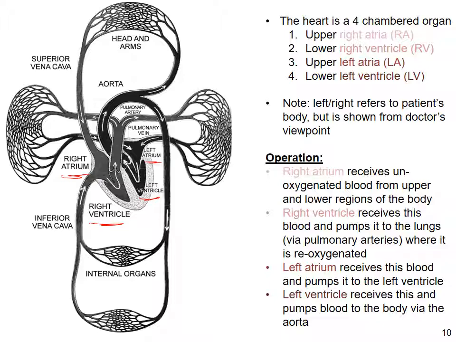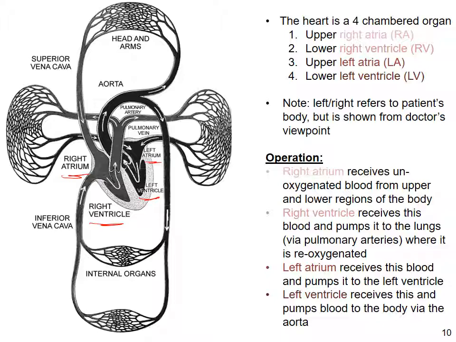Then the right ventricle will effectively pull this blood into it and pump the blood back into the lungs via the pulmonary arteries, where it is reoxygenated. So the right atrium collects the blood. The right ventricle has big muscles around it. It pumps that blood into the lungs, where of course we're breathing in oxygen, and that blood gets reoxygenated.